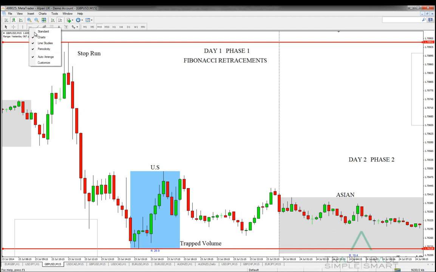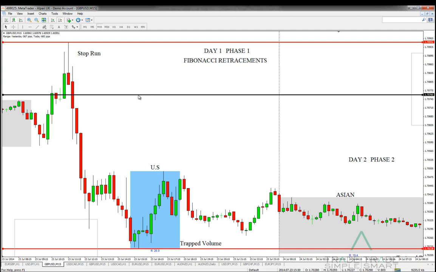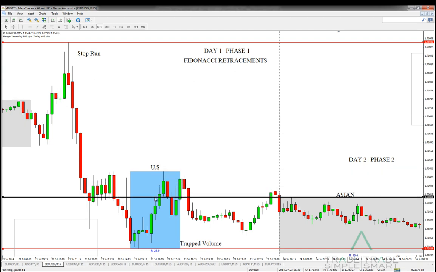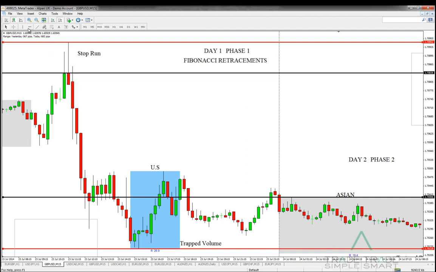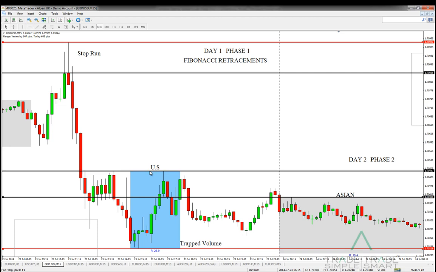So if I take a horizontal tool, we mark out first the high of the Asian session, and then we're going to look for any obvious support and resistance levels.